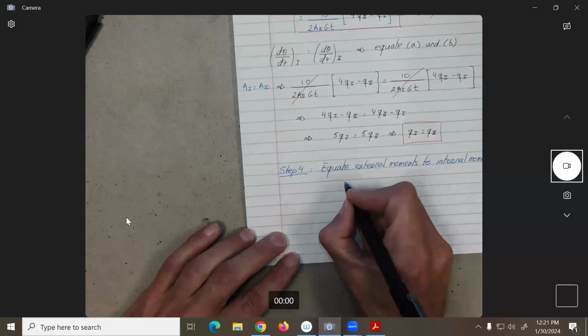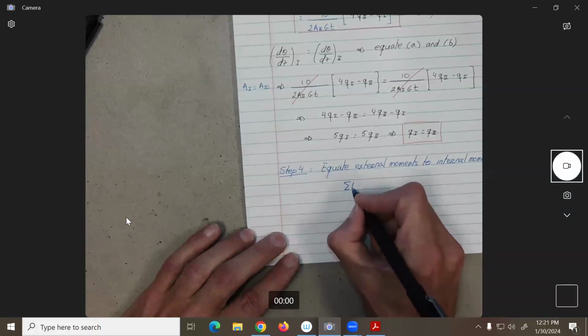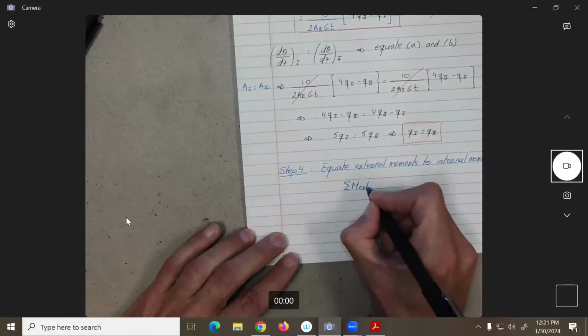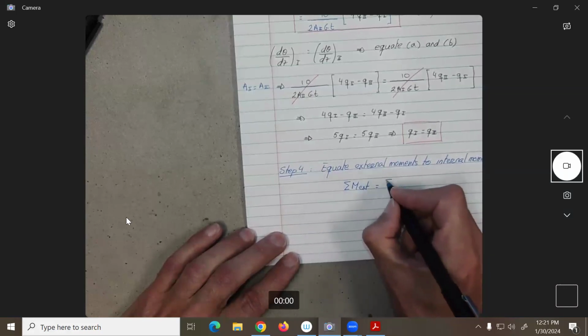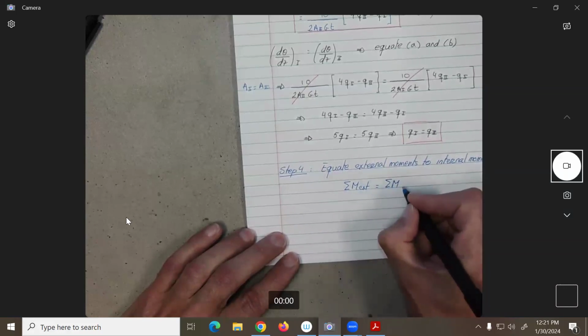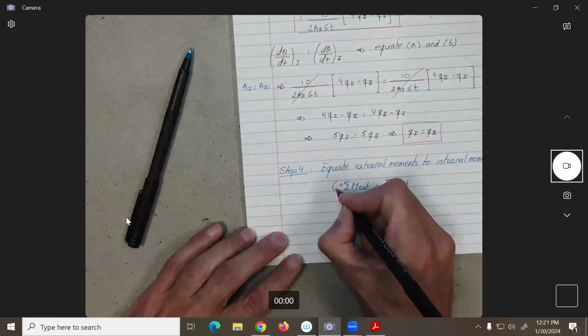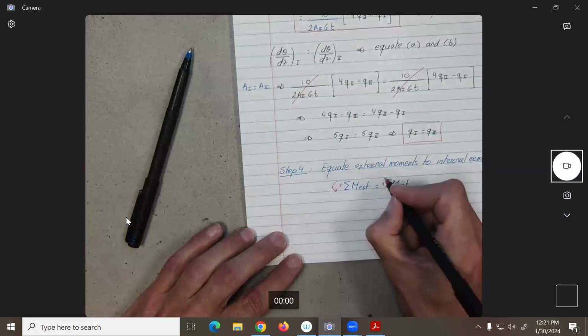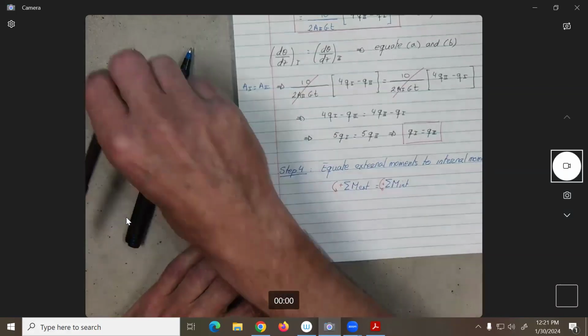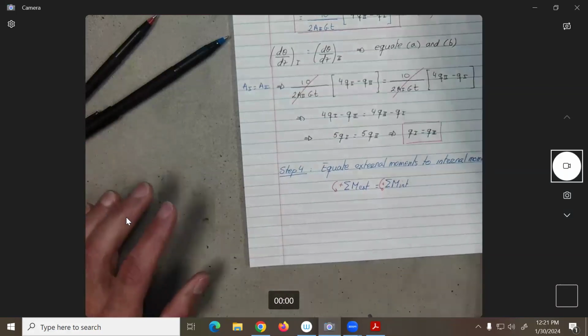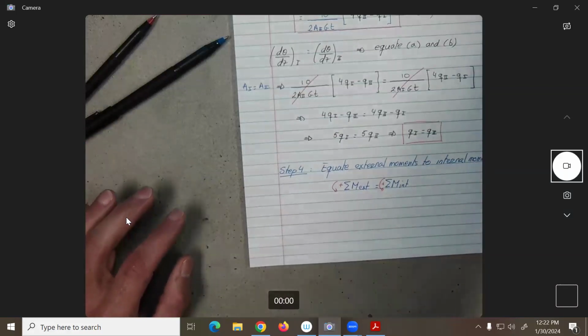So basically the equation here is summation of moment created by the external forces must be equal to the moment created by the internal forces or internal reactions. So, in other words, what is the figure?